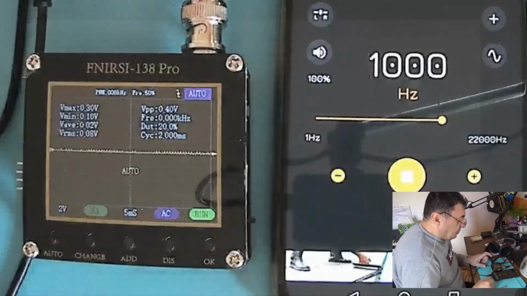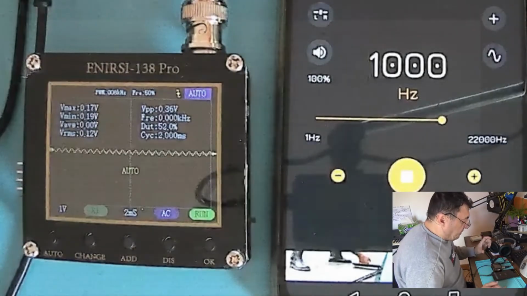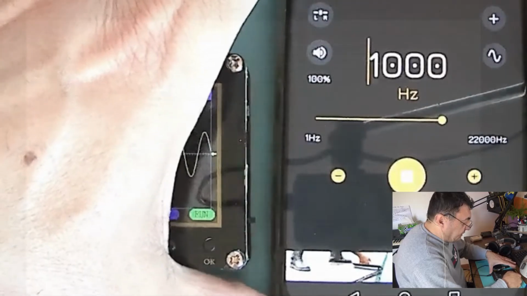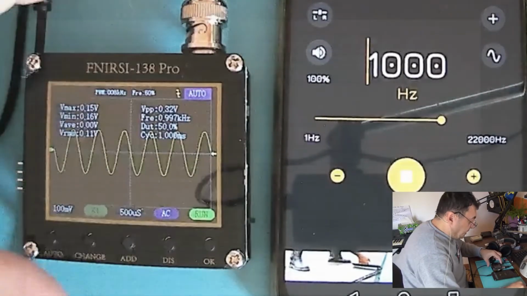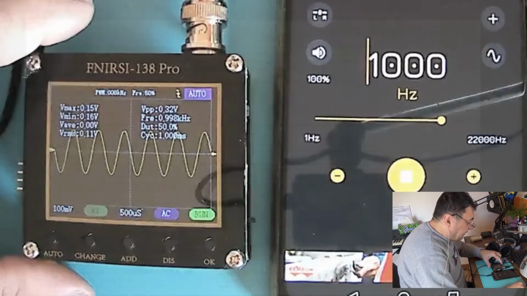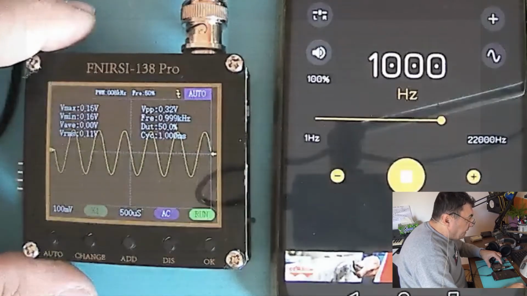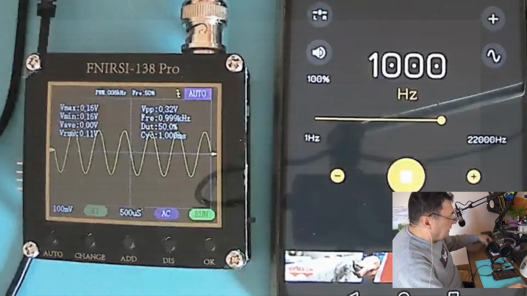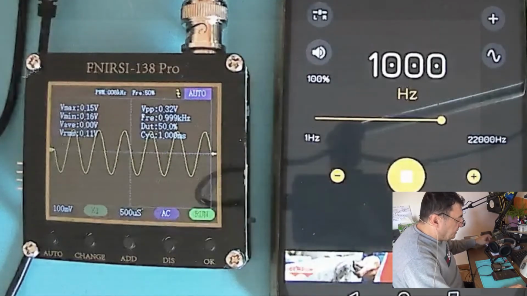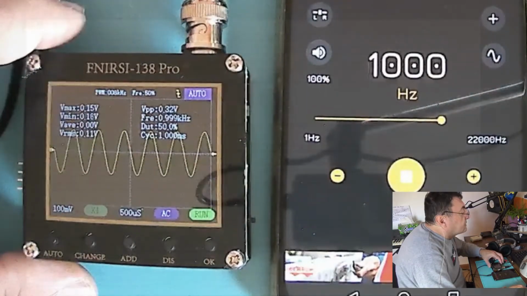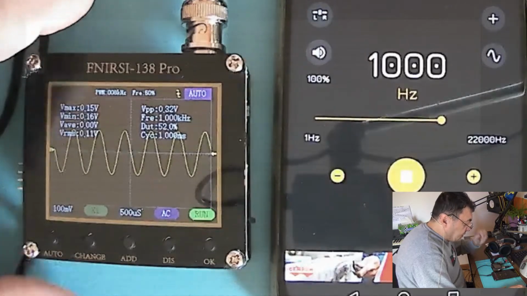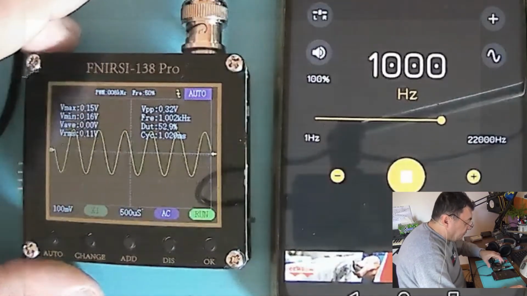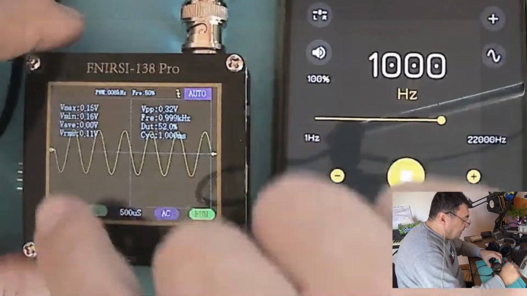Waiting for the oscilloscope to find the best measurement, and look there, people, we don't even pass a maximum of 0.15 volts, peak to peak 0.32. So now I know that my phone is delivering less than minus 10 dB, maybe around minus 15 dB or something.